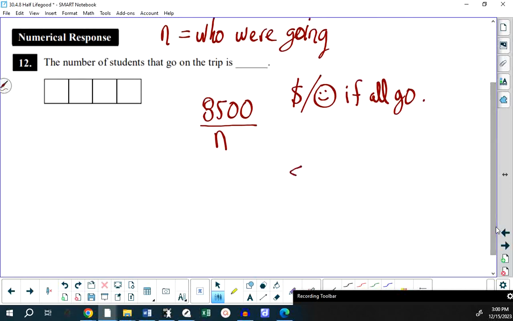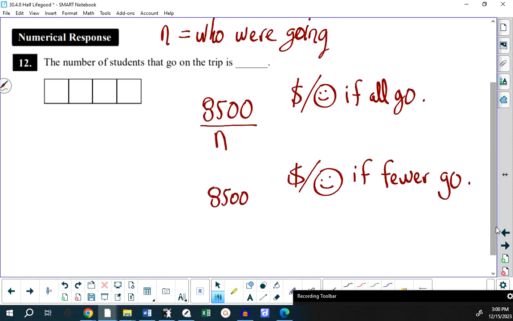So what is the cost per student if fewer go? Well, it will be 8,500 divided by how many end up going, which is 6 less. And I may have started this off by saying X. Somewhere along the way I used N for number of students. That's okay though, right?